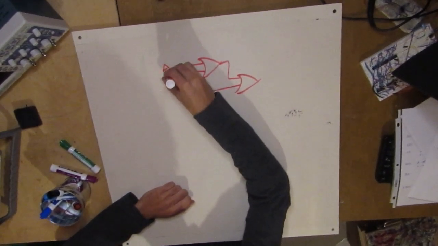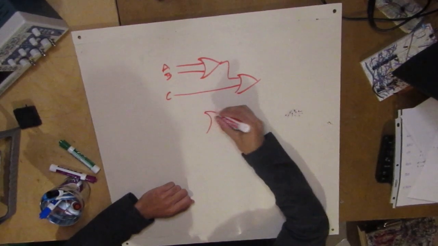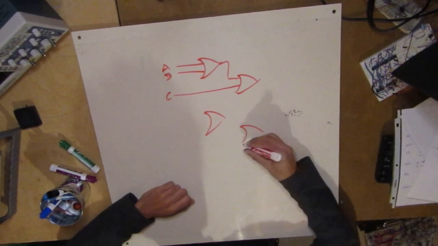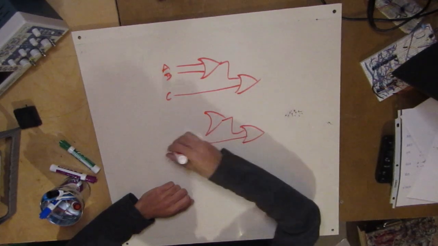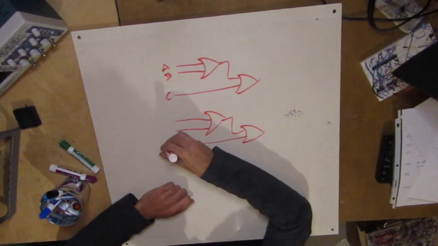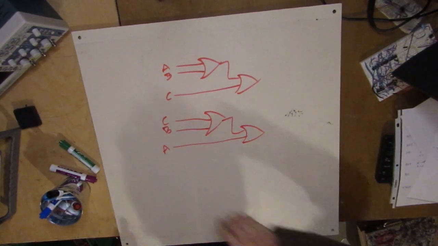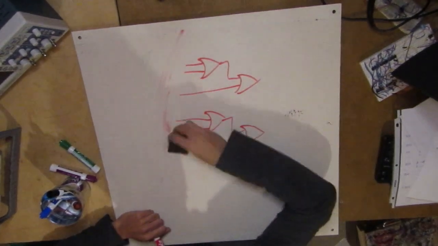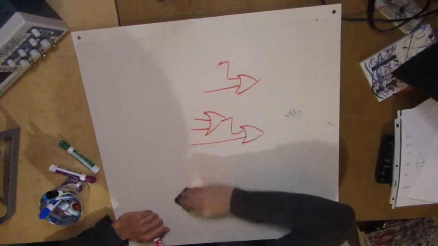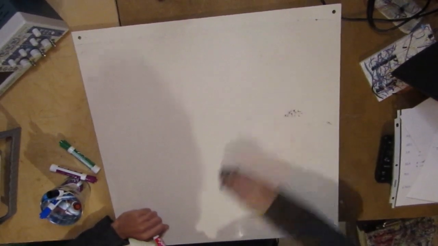We have A, we have B, we have C. This is the same thing as just labeling them any way that I choose. So I'm going to go A, B, C. This is the same thing, nothing different. Okay, cool.